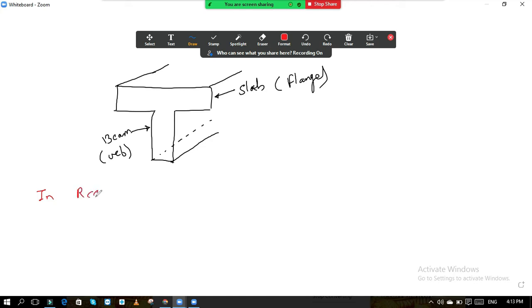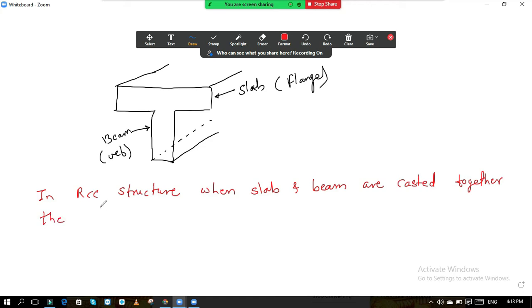So in an RCC structure, when slab and beam are cast together, the construction becomes monolithic.